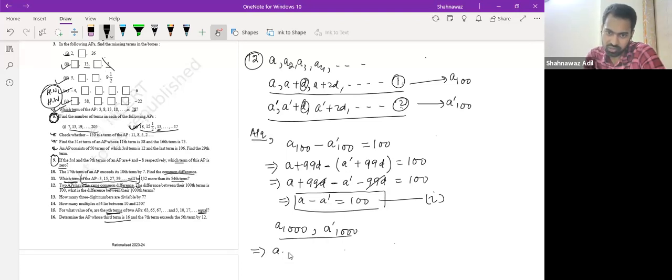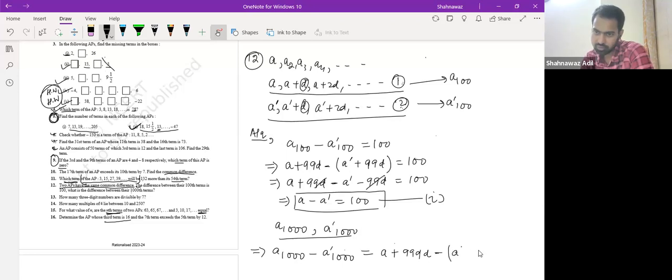So A1000 minus A prime 1000 would be equal to what? A plus 999D minus A prime plus 999D.